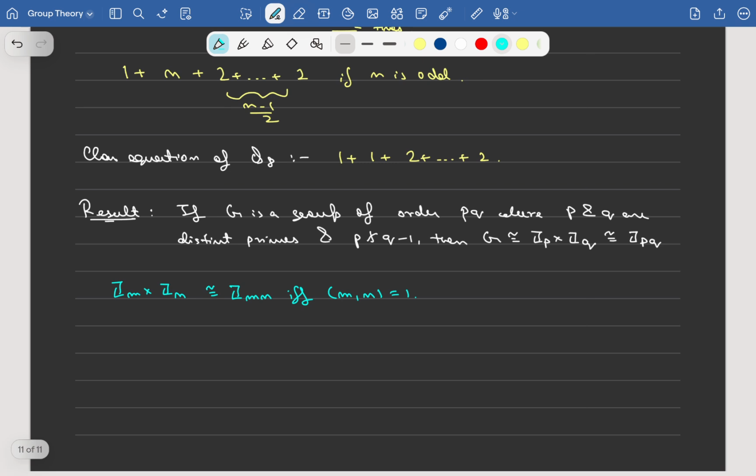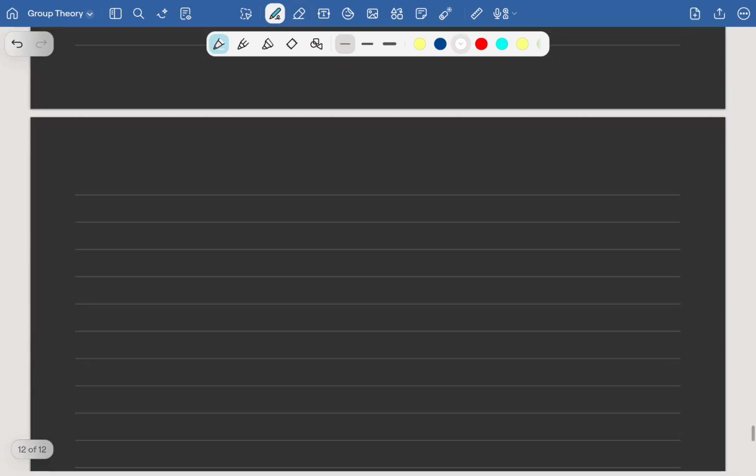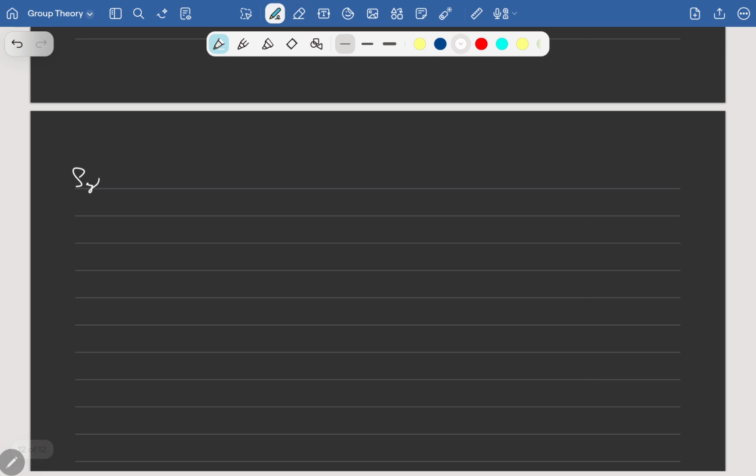And if p divides q minus 1, then there are 2 possibilities. One possibility is that it can still be cyclic, and the other is that it will be a non-abelian group. Nevertheless, it's a good time to talk about the famous Sylow theorems. I am not going to get into the proofs of these, but I will just explain them.